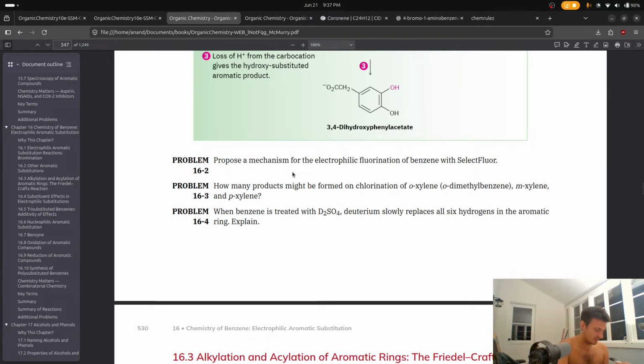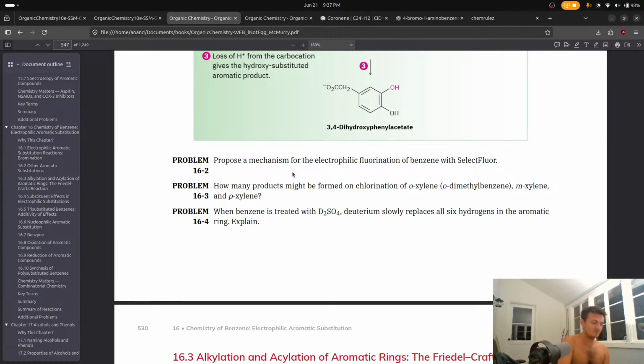How many products? Well, oh, I think that 2 can be formed.